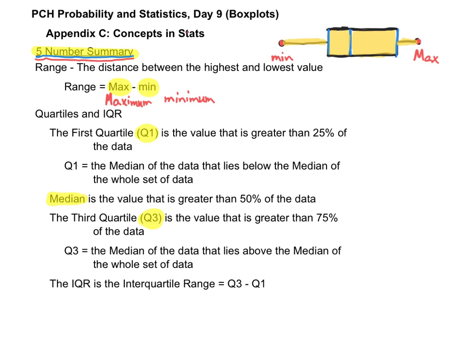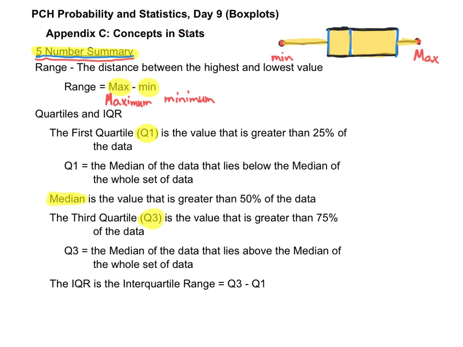So they are not all going to be the same size. However, what is the same is the number of data points in each of these ranges. We just divided our data into 4 equal parts based on how many data points are in there.